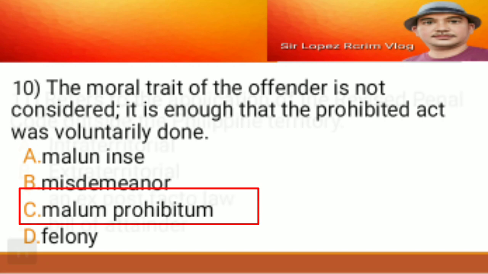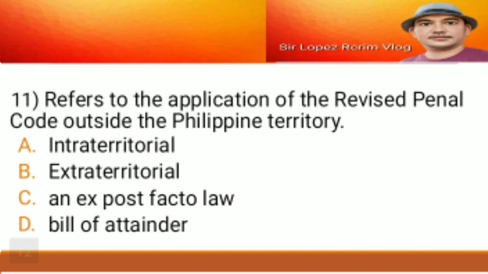Number 11. Refers to the application of the Revised Penal Code outside the Philippine territory. Letter A, intraterritorial. Letter B, extraterritorial. Letter C, an ex post facto law. Or letter D, Bill of Attainders. Pag sinabi nating Bill of Attainders, ladies and gentlemen, we are referring to a law that provides punishment even without trial.